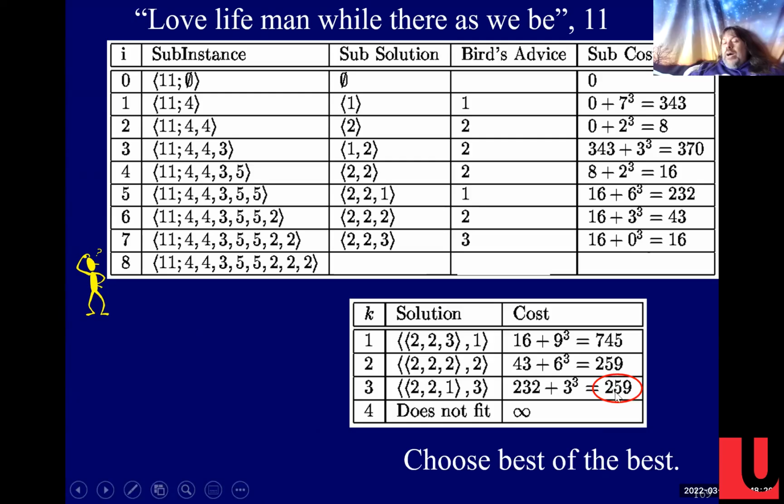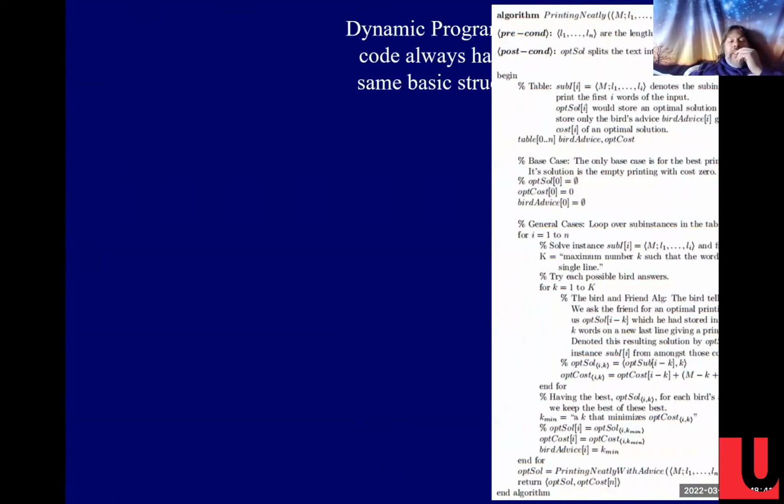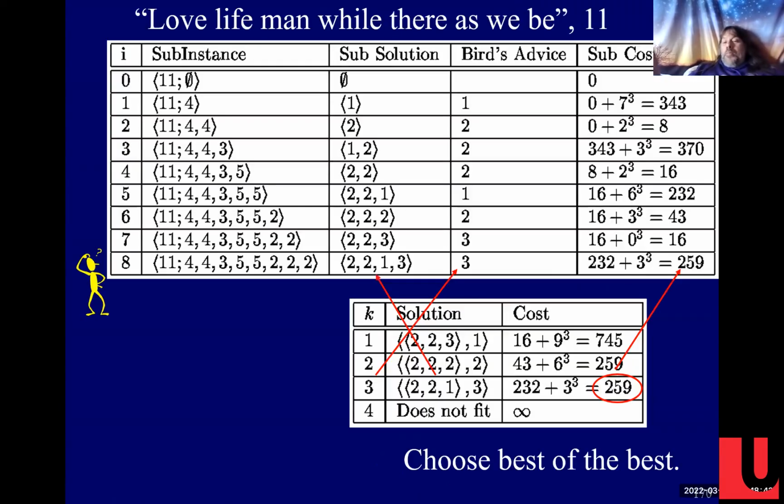So we'll flip a coin and choose one of them to be our solution. It doesn't matter which. We fill in what our solution is. We fill in the bird's advice that worked for us, and we fill in what our cost is. Right? And then we're done. Everybody good with that?